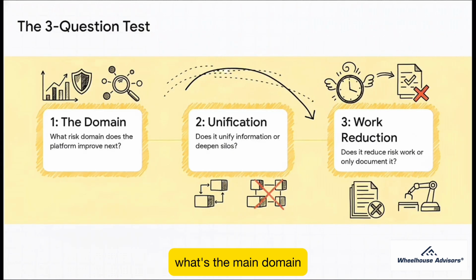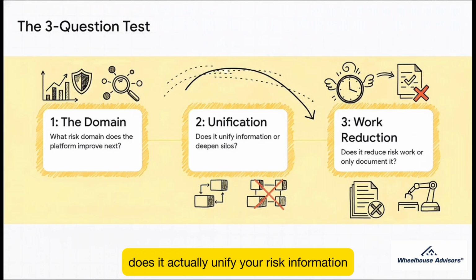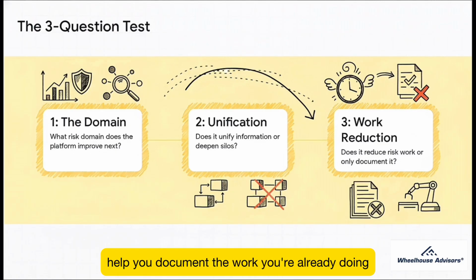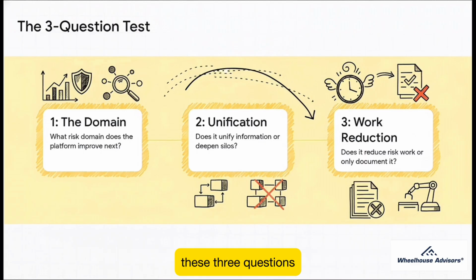Question 1. What's the main domain this thing helps you get better at next? Is it GRC, ERM, ORM, or TRM? Question 2, does it actually unify your risk information, or is it just another silo? And question 3, does it genuinely reduce the amount of work your team has to do, or does it just help you document the work you're already doing? These 3 questions get right to the core of the curve.